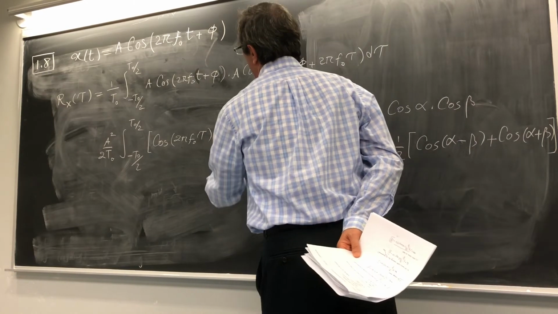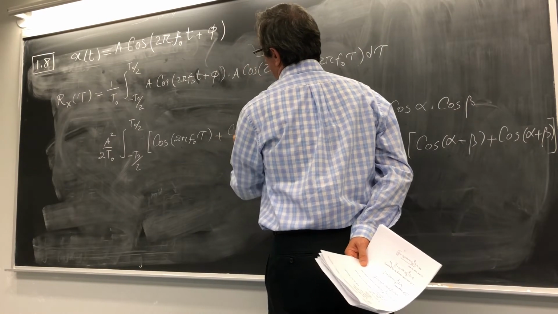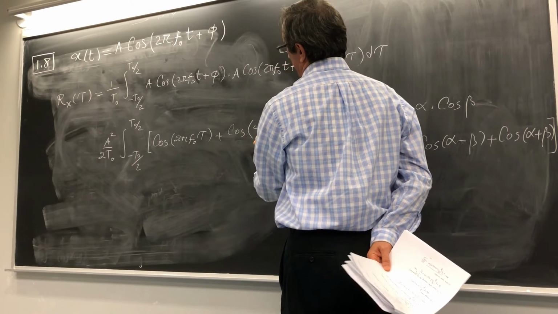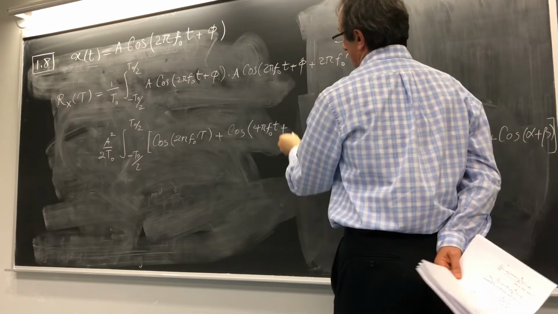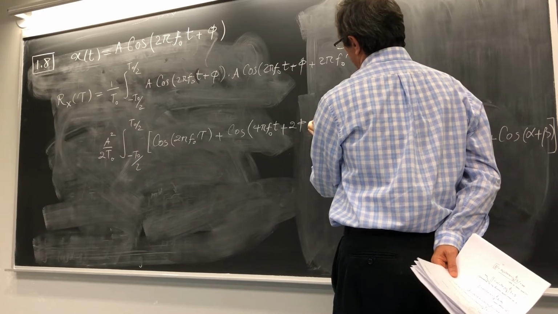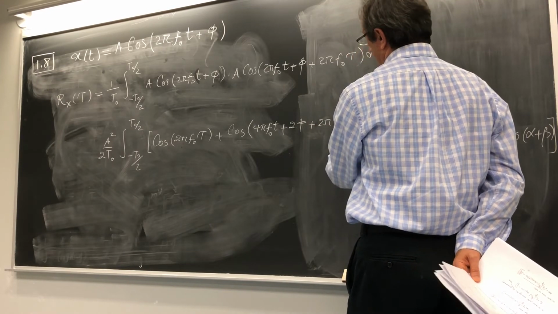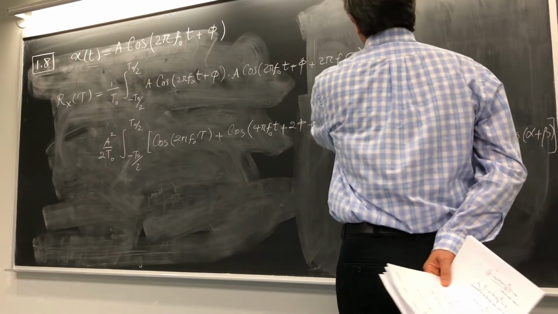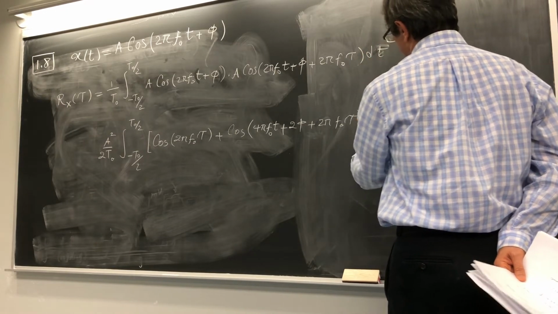Then we've got cosine of 4 pi f naught t plus 2 pi phi plus our tau term, 2 pi f naught tau, dt.